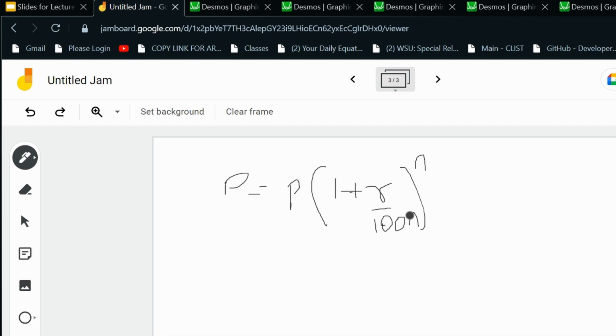If we do it monthly, it will apply 12 times in a year. So now if we consider everything ideal, it is basically 1 plus i by n, or for any rate, we can simply say this is r upon n.